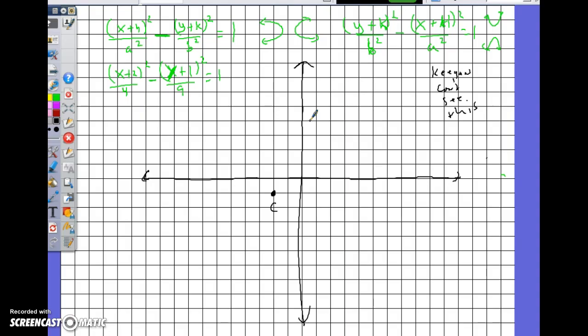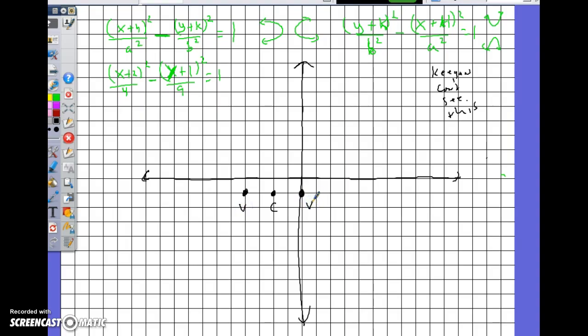The formula says your vertex is a away. So it's opening left and right. What's a? Well, 4 is a squared, just like before. So it's going to be 2 to the left and 2 to the right. So there's my vertex, and there's my other vertex.